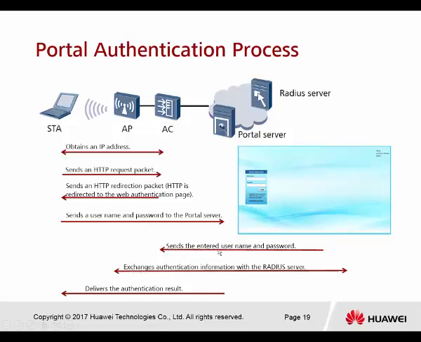The user actually exchanges the authentication information with the RADIUS server. And the last step is to deliver the authentication result. After the RADIUS server checks the username and the password, it will inform the user whether the result is success or fail.